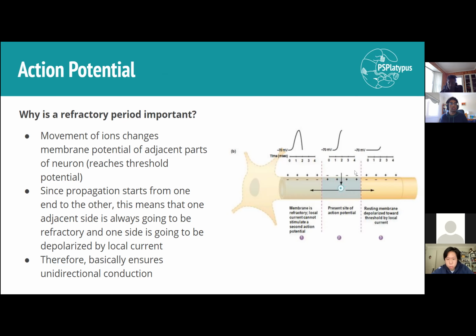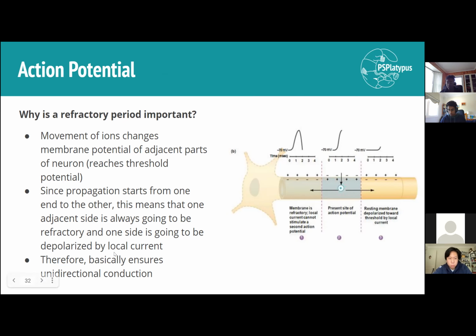However, propagation starts from one side of the neuron, right? A connecting neuron goes from the end terminal to the dendrite, and it moves from the dendrite down the axon. Since propagation starts from one end to the other, the adjacent side behind the action potential is always going to be refractory, which means the depolarizing current cannot induce another action potential there, and the side ahead is always fresh and ready to be depolarized.